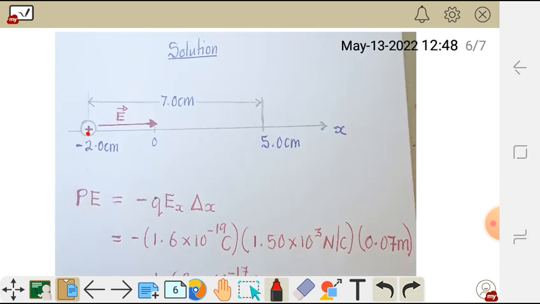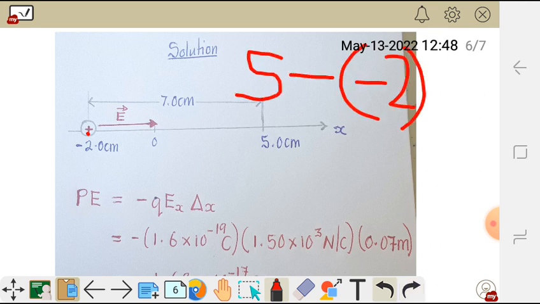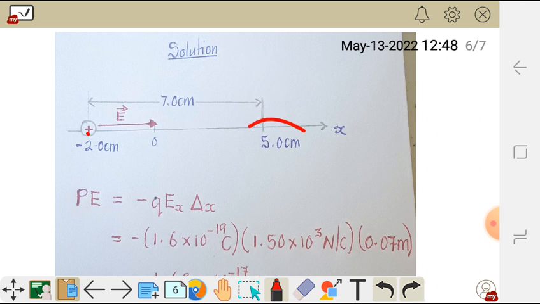So we're going to indicate that here at 5.0 centimeters. So the distance from the initial position -2 to the final position, which is 5 centimeters, is simply the final position, which is 5, minus the initial position, which is -2. So that will result in 7 centimeters. So the proton, when it reaches 5 centimeters, has covered a distance of 7 centimeters.